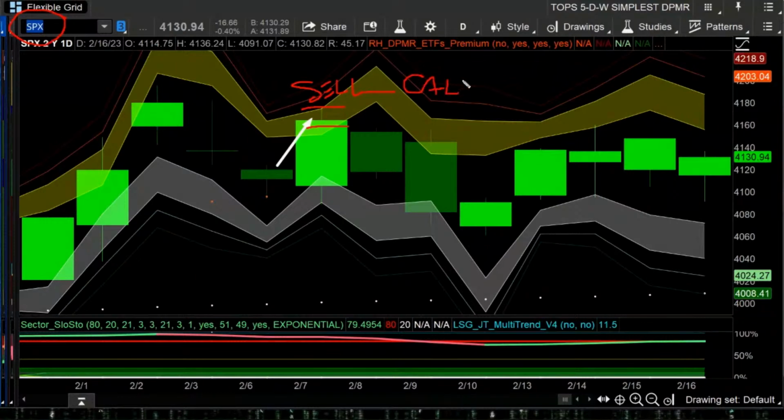Sell calls. So when people ask, Rog, can I sell calls when we enter this zone on the SPX? My answer is that would be part of the setup. Maybe not what we would do, but that would be part of the setup with the expectation that once we reach this resistance area, we move lower.